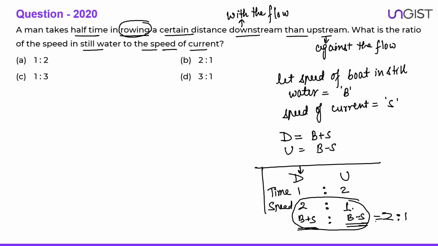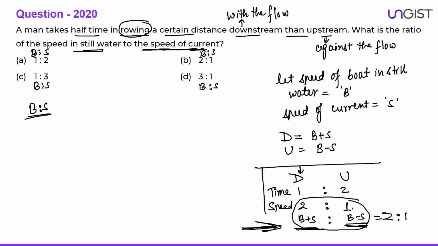And the question is asking the ratio of the speed in still water to the speed of current. Actually, we need to find B is to S, and all these options are given as B is to S. So B plus S is to B minus S should be 2:1, as we have calculated.